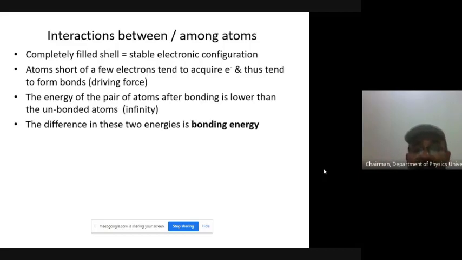But if energy is consumed as a result of bond formation, then it will need energy to form a bond. The bond will not form by itself.